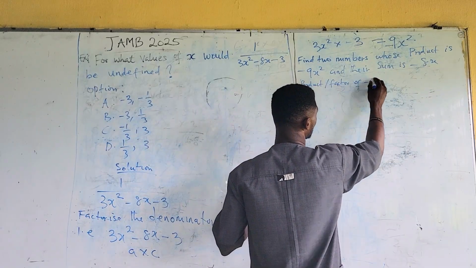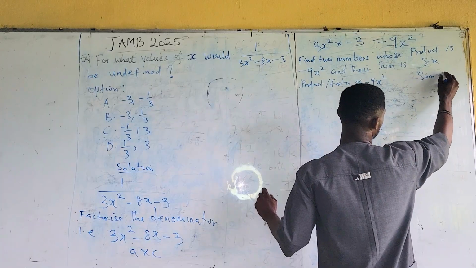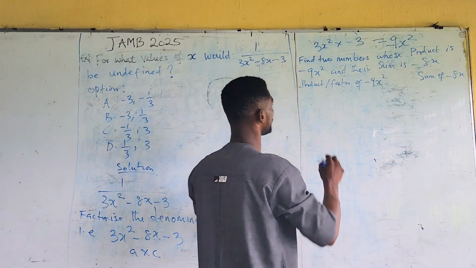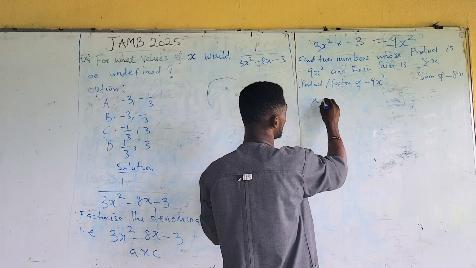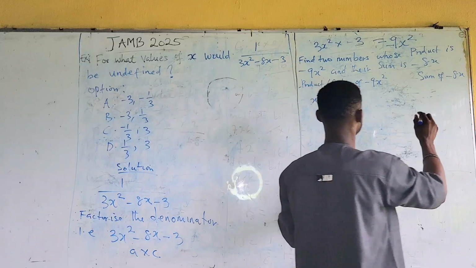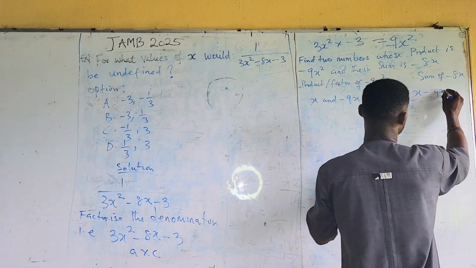So we come back: the factors of minus 9x squared with sum of minus 8x. The factors here will give us x and minus 9x, while the sum will give us x minus 9x.